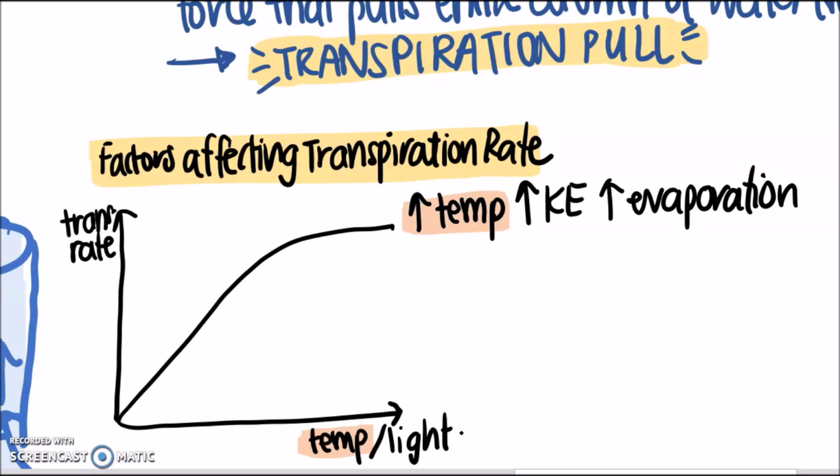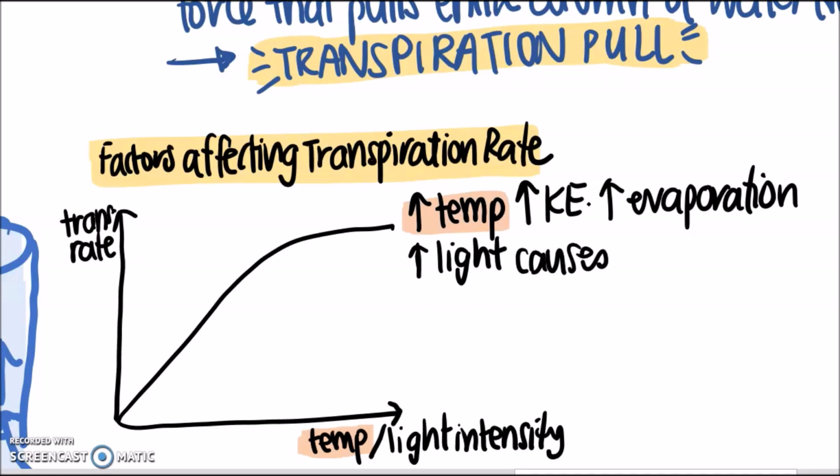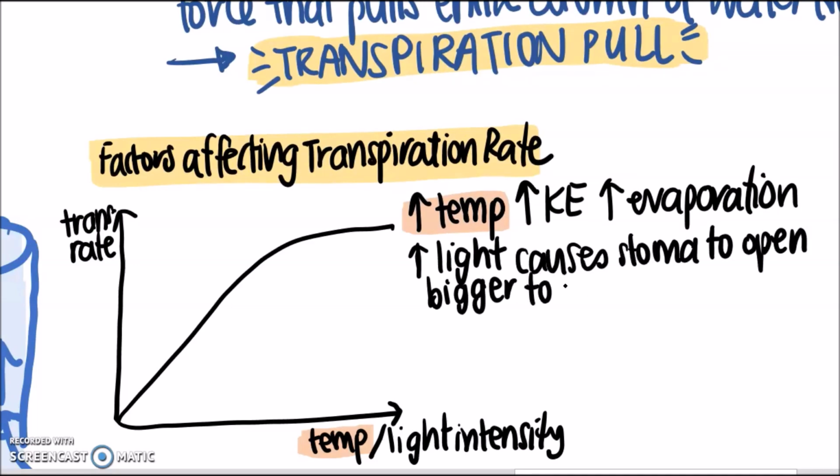Now, this graph can also be used for light intensity. So an increase in light intensity will actually increase transpiration because it causes the stoma to open bigger to take in more carbon dioxide. When I have more light, right, the plant will actually want to photosynthesize more to make more food for itself, and in order to do that I need more carbon dioxide.